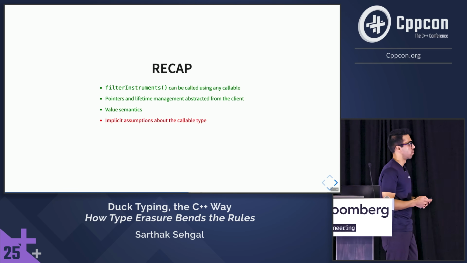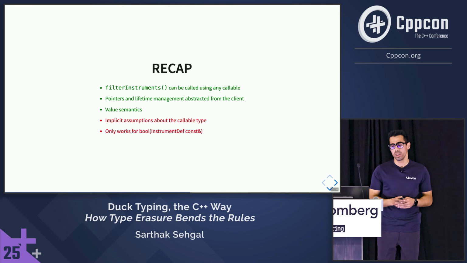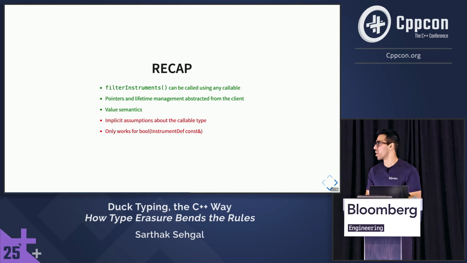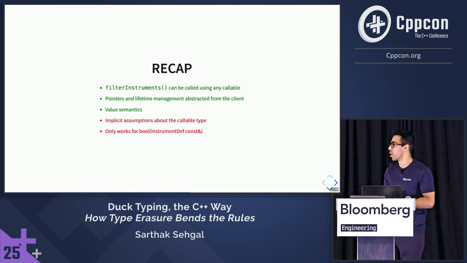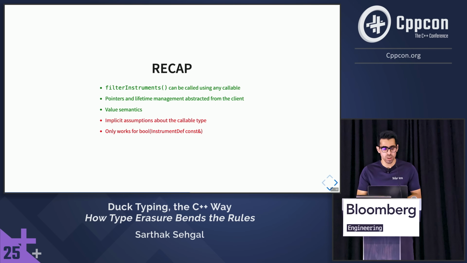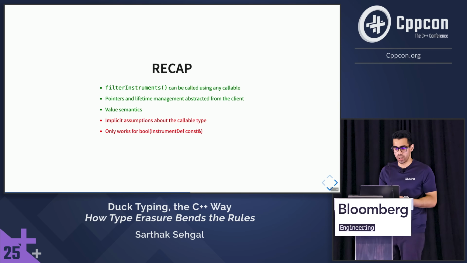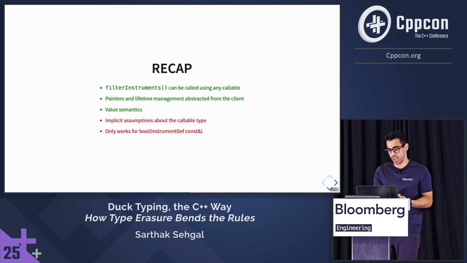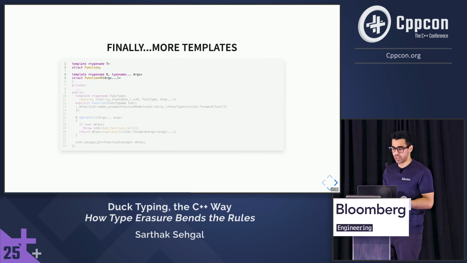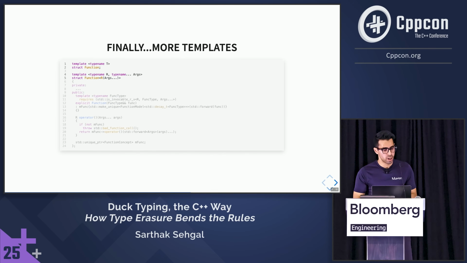Having some constraints there would be nice. And lastly, it only works for this specific signature, which takes in a const ref to instrument definition and returns a Boolean. Since we're talking about std function, it would be nice to have it work for any function signature.